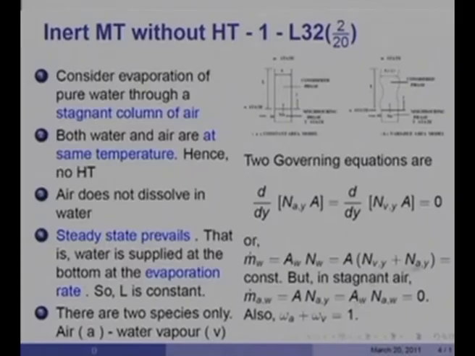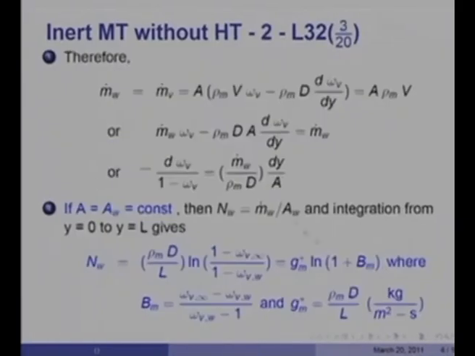In this equation you will see that N A y will be set to 0 and m dot w would be simply A times N V y, and that is what I have written here. So, m dot w will be m dot of vapor only, equal to A times N V y, and N V y, as you know, is the convective mass flux plus diffusion mass flux, and that would be equal to A rho m V. If I rearrange this, notice that A rho m V is simply m dot w.